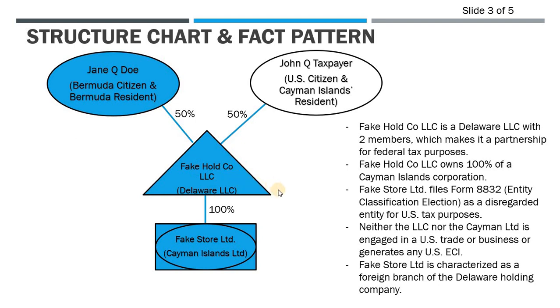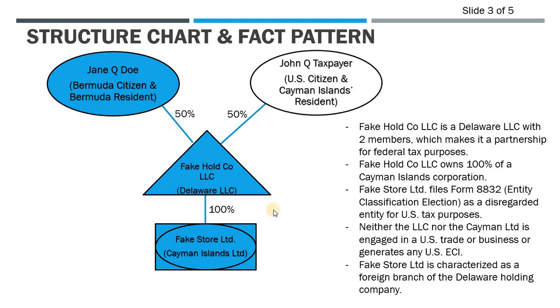So the Delaware LLC is going to file a 1065 partnership return, and it is going to consolidate all the activities of the disregarded entity underneath because it's a disregarded entity. If they left this entity as is and did not make an election, this would be a controlled foreign corporation. So we would still have a 1065 filing up here, but instead we would have an additional 5471 filing for the Cayman Islands entity down here because it's owned 100% by a U.S. domestic partnership.